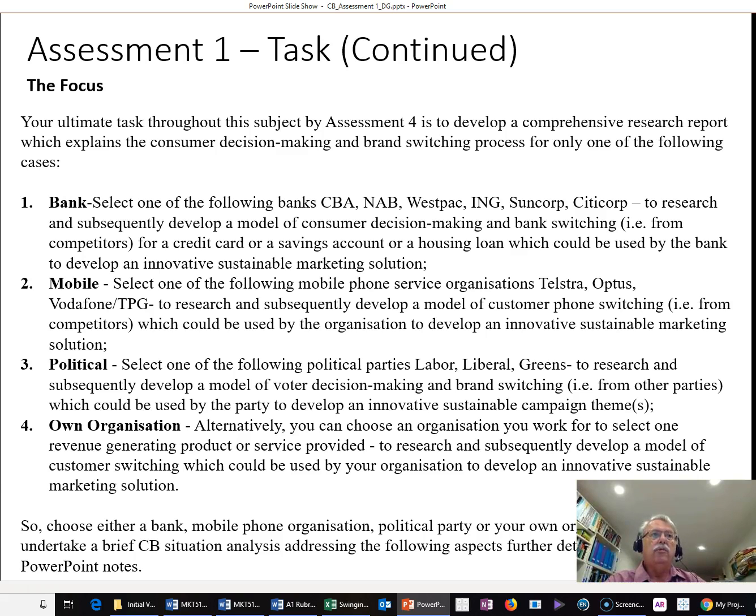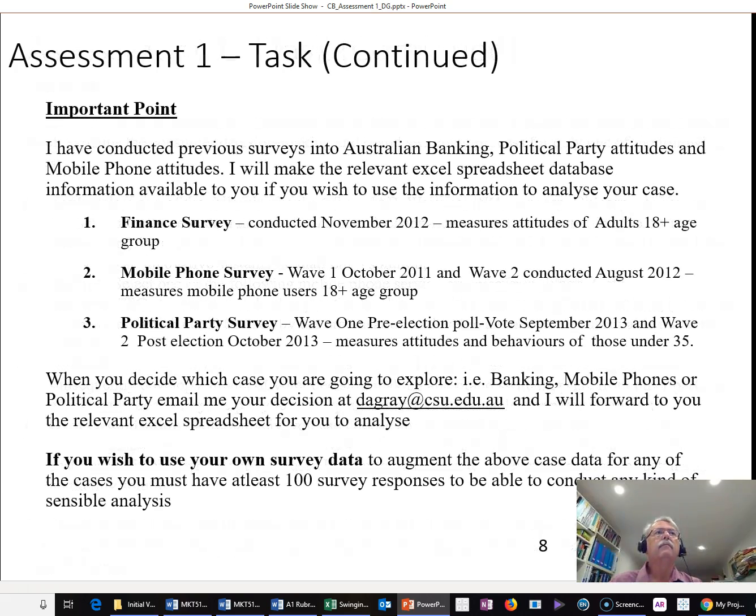You could also select your own organisation, one that you work for, and one which you're able to collect data for or actually have data for. So it's up to you as to whether you choose that, but you only need to select one of these 4 options.